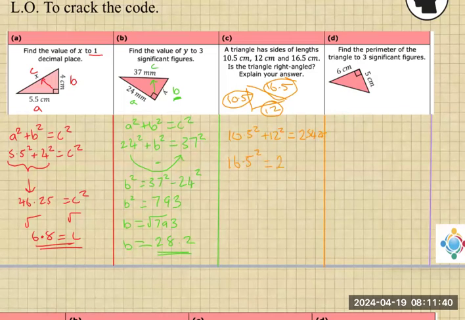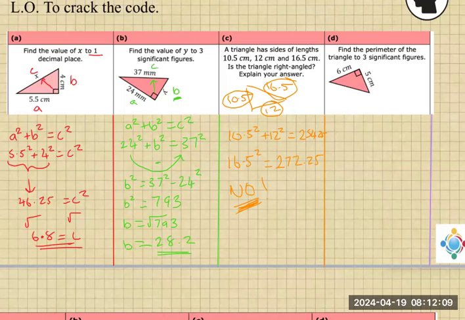But if I put that in, it's actually 272.25. So no, this is not a right angle triangle, because A squared plus B squared doesn't equal C squared. Okay, so it's not a right angle triangle. If anyone's got any questions, let me know.